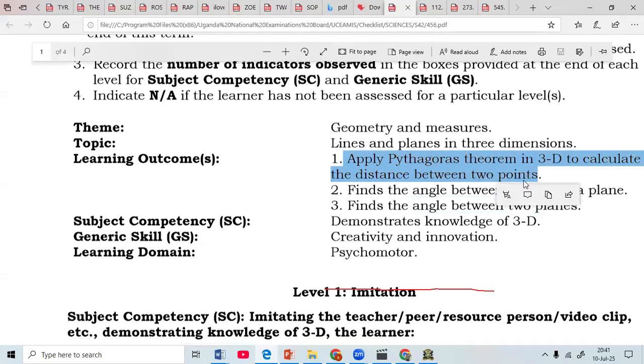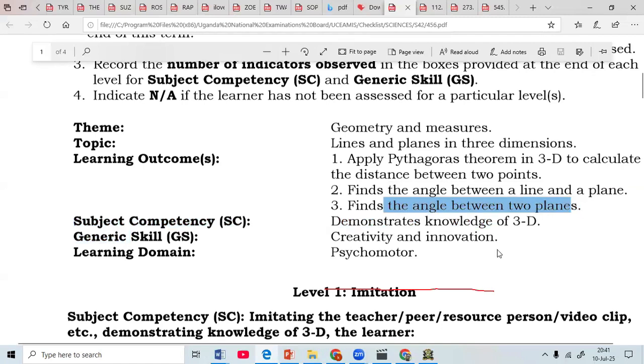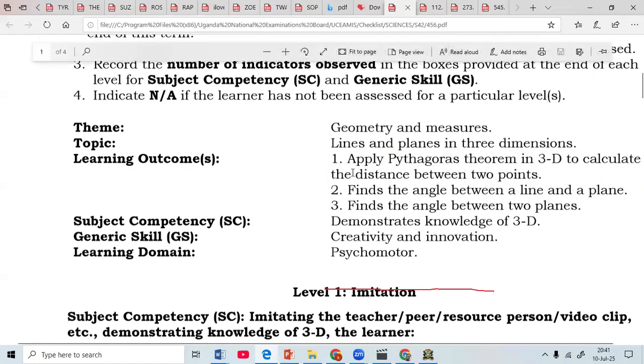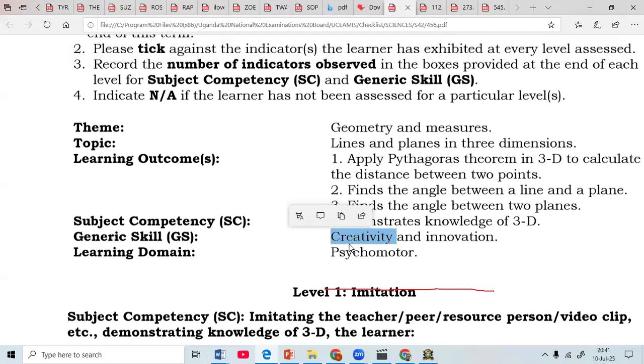When you go to the second, you look at this learner being able to find an angle, and then you look at the learner being able to get an angle between two planes. When you reach the fourth level, two of them combined. You reach the third level, bring all the three combined. And then that means that the learner would have reached the naturalization level.